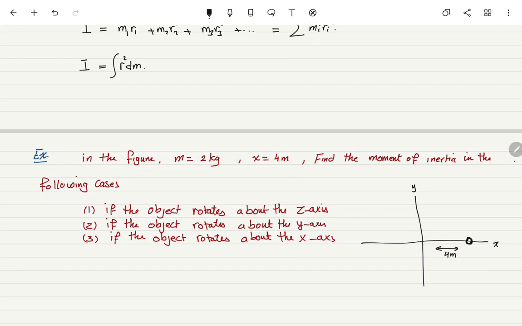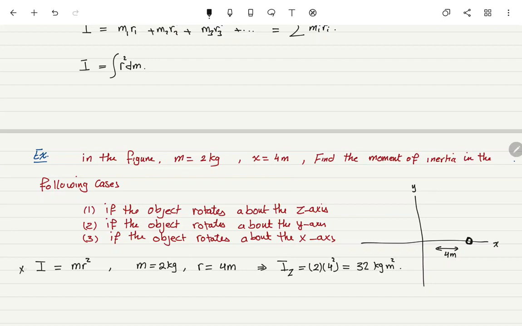Now to find the moment of inertia when the object rotates about the z-axis, the moment of inertia is equal to m r squared, where m is 2 kilograms and r, the distance from the z-axis, is 4 meters. So I around the z-axis is equal to 2 times 4 squared, which equals 32 kilogram meter squared.